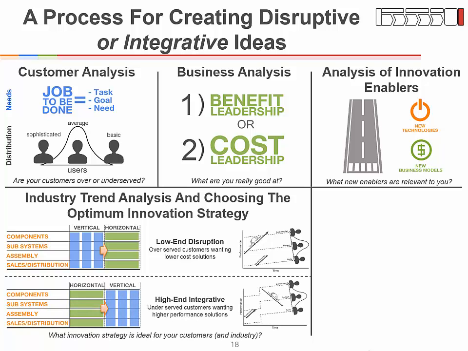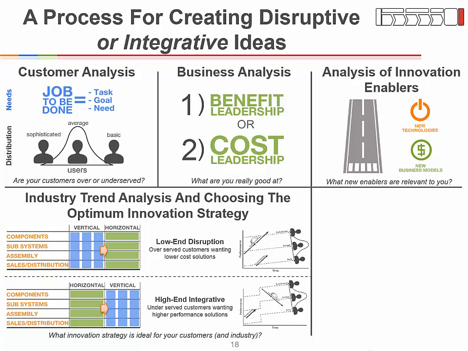Or is your industry trending from a horizontal industry, where many of the companies did their own piece of the value chain, into a vertical industry where companies are acquiring a lot and they're trying to build a lot of value into one product that's done by one team? If that's happening, then your best bet probably is going to be a high-end or integrative innovation. And it's likely that you'll have underserved customers wanting higher performance solutions.